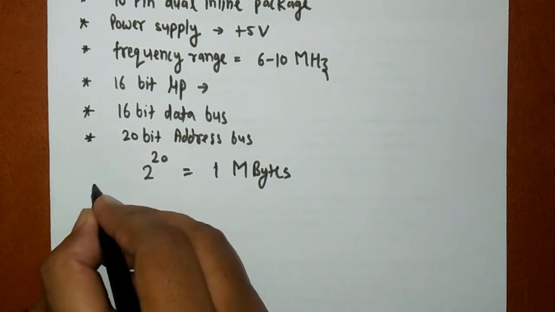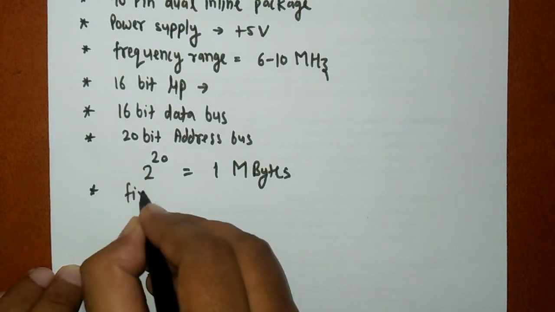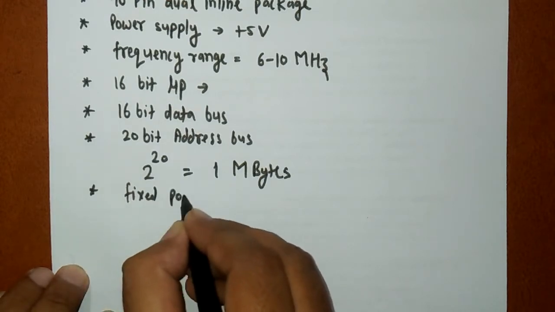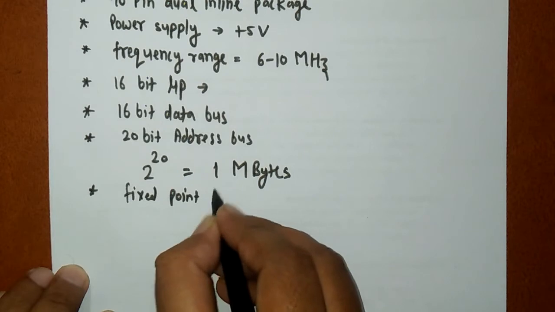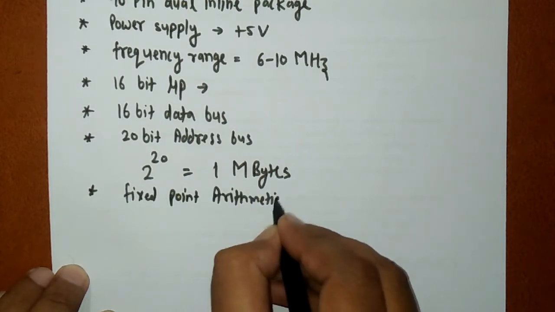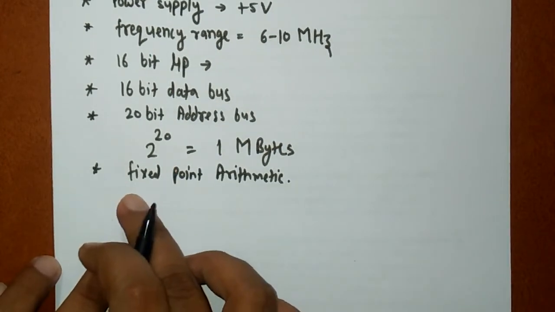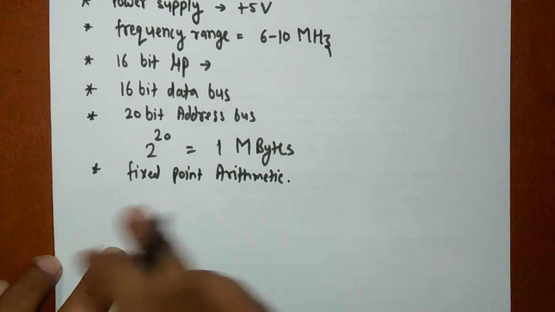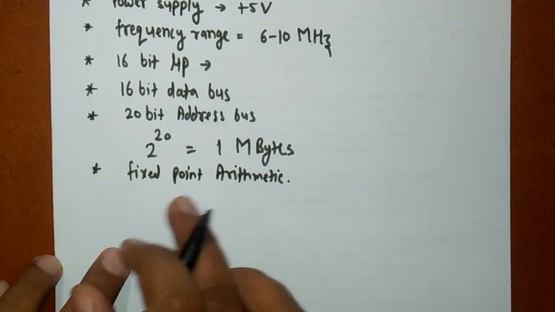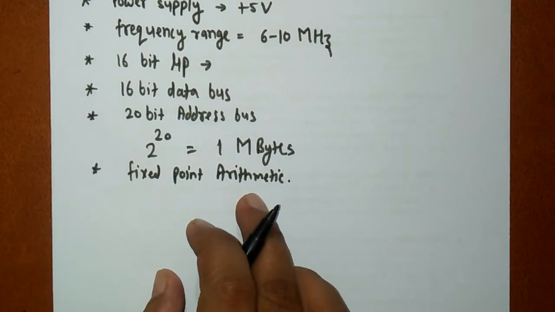Next point is that 8086 can perform fixed point arithmetic. That means if you want to use 8086 only, in that case you can only perform arithmetic operations having data type fixed point. So that means you can't use decimal numbers here.